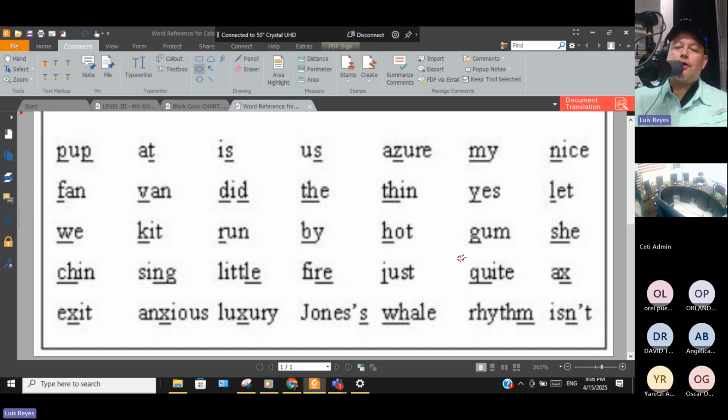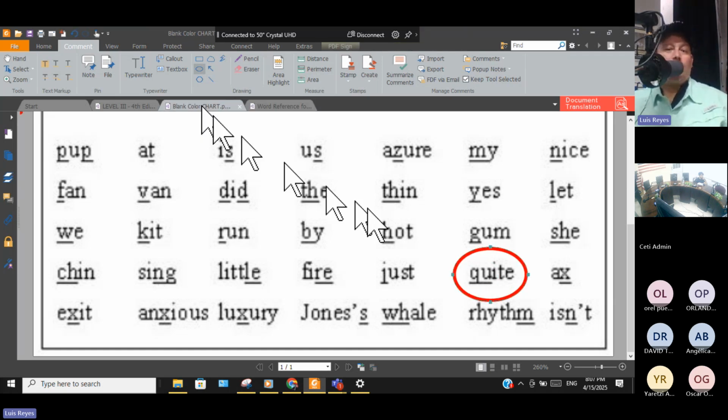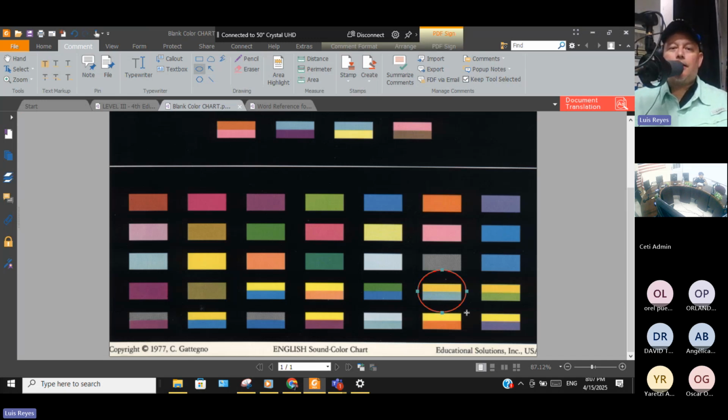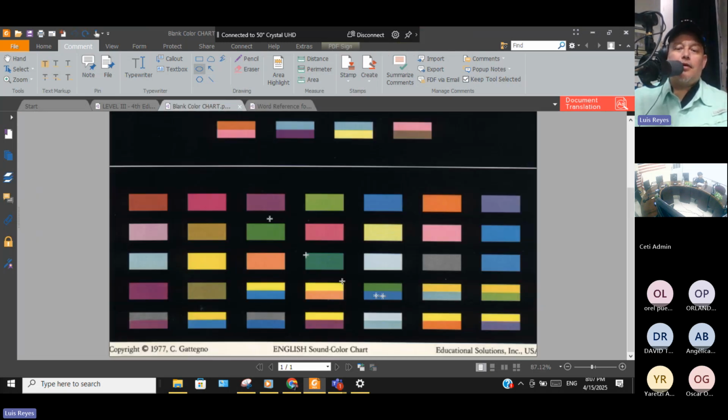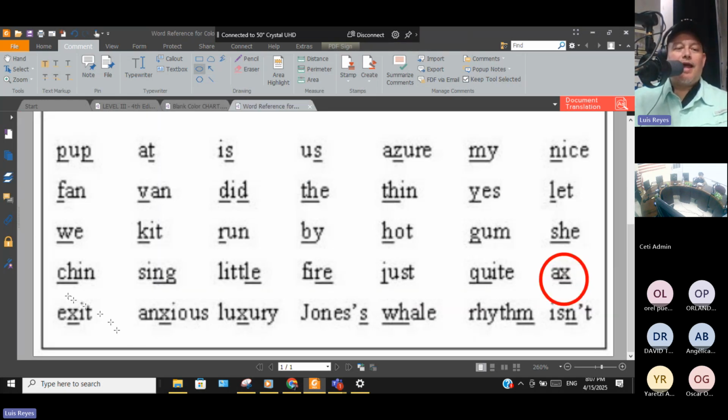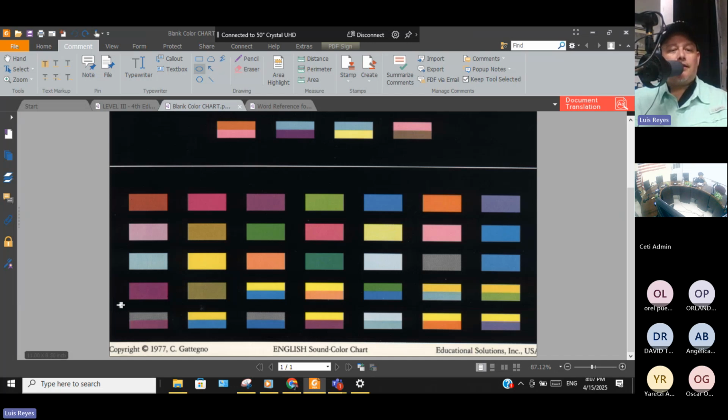Quite, Qu, Q-U-I-T-E, Qu on the color chart. Axe, cuss, A-X, cuss on the color chart. Exit, guz, E-X-I-T, guz on the color chart.